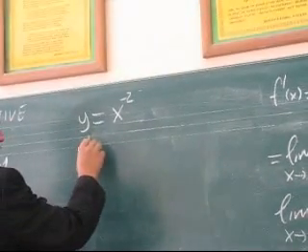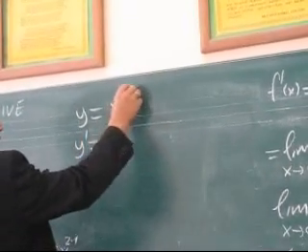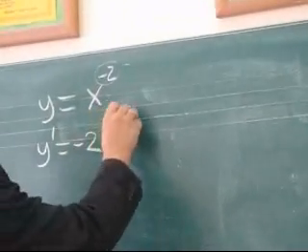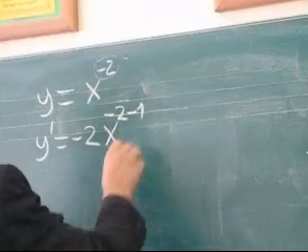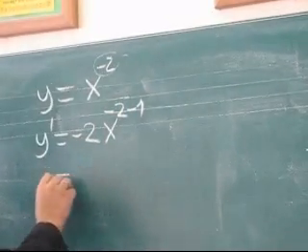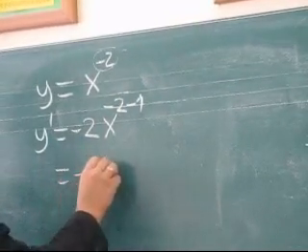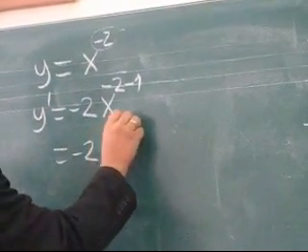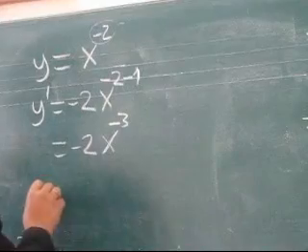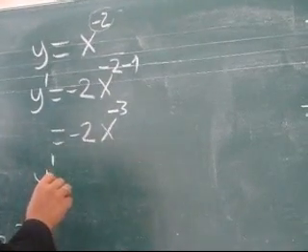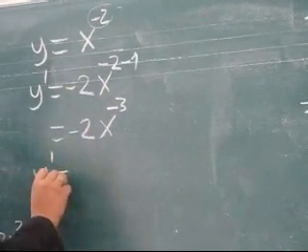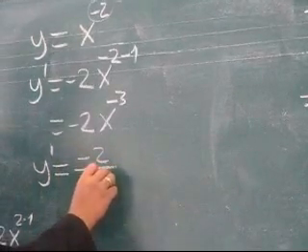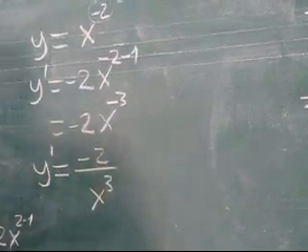Derivative of this function is equal to minus 2 times x to the minus 2 minus 1, which is equal to minus 2 multiplied by x to the minus 3. And so the derivative of this function is minus 2 over x to the 3.